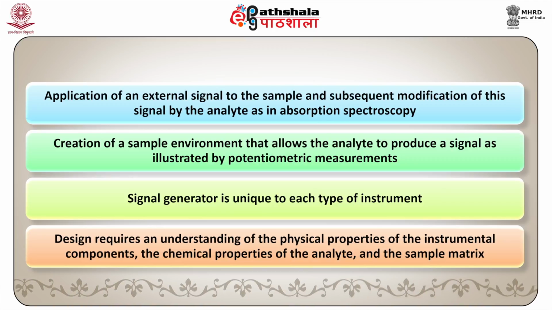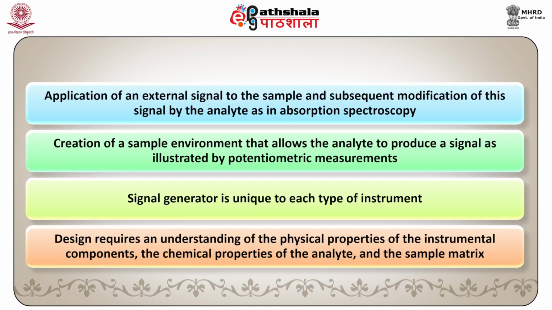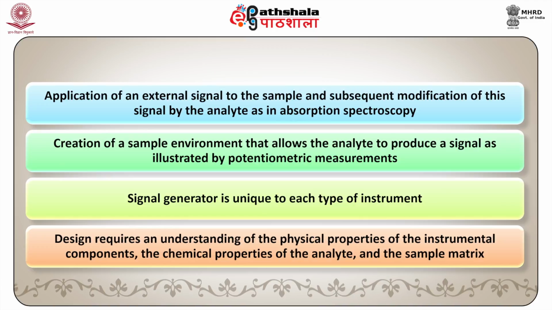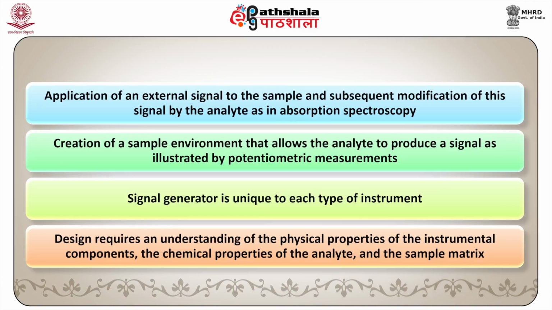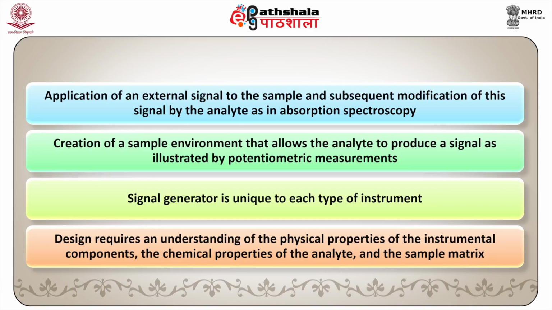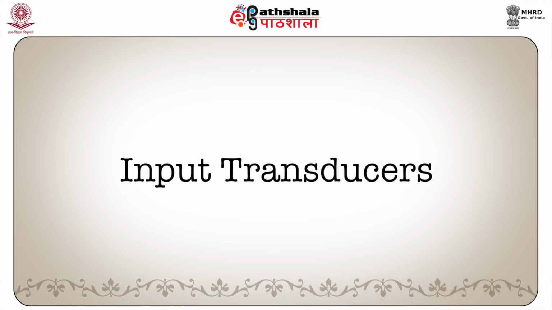The signal generator is unique to each type of instrument. Its design requires an understanding of the physical properties of the instrument components, the chemical properties of the analyte and the sample matrix.